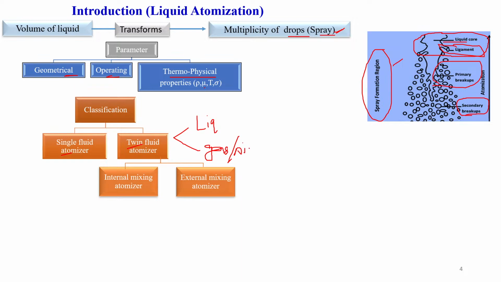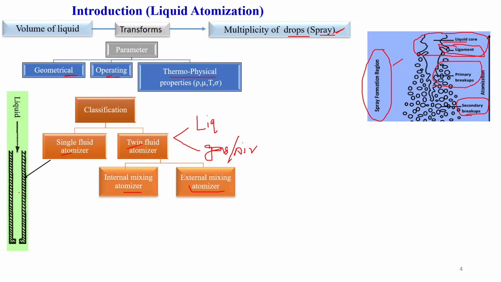Twin fluid atomizers are further classified into internal mixing atomizers and external mixing atomizers. In an internal mixing atomizer both fluids mix inside the injector, whereas in an external mixing atomizer both fluids, liquid and gas, mix at the exit of the injector.